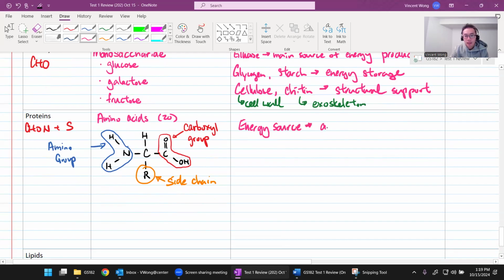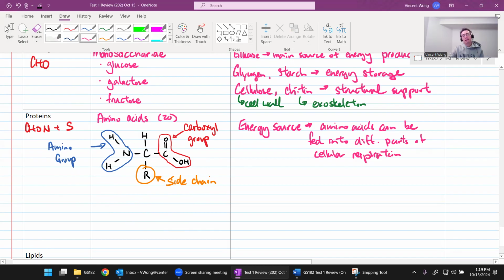Amino acids can be fed into different parts of cellular respiration. We had a slide on this in lecture 5, right? Some amino acids can be fed into glycolysis, some can go into pyruvate oxidation or Krebs cycle, and you can get some ATP from them.